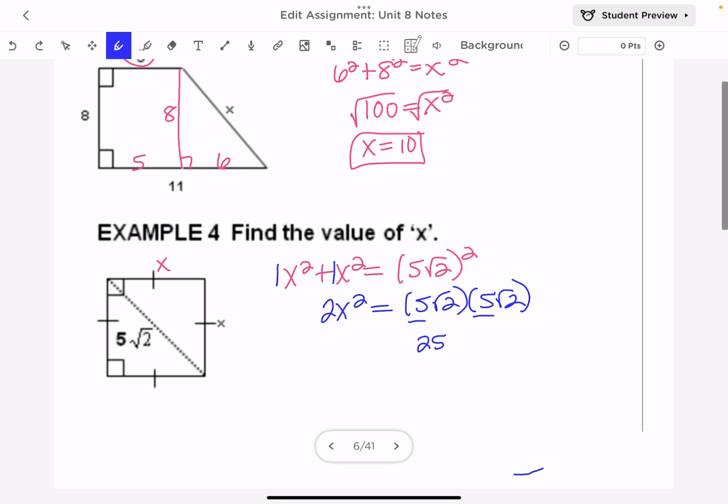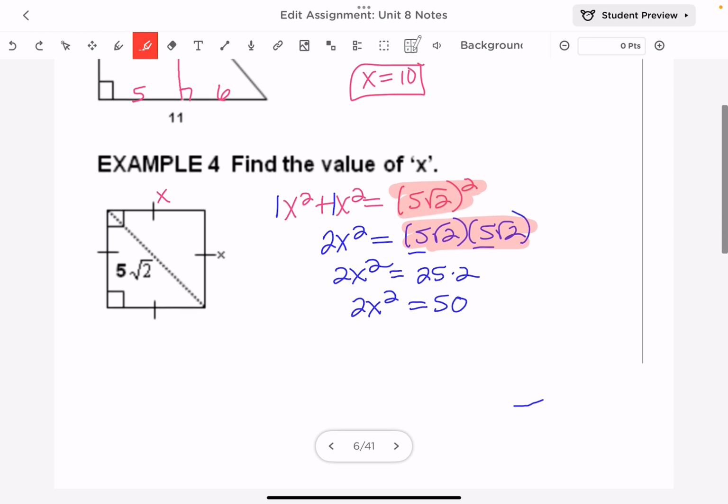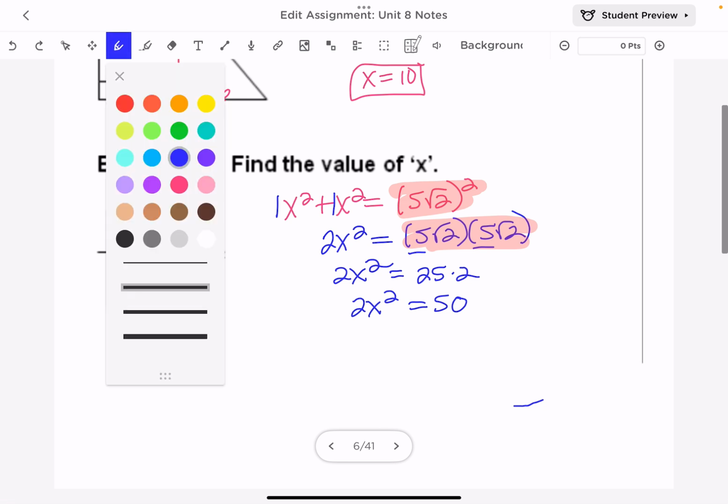So square root of 2 times square root of 2 is 2. Okay, so what I have right now is 2x squared equals 50. If you type that in the calculator, that 5 root 2 times 5 root 2, or you type it how it was given to you at the beginning with the parentheses, it'll tell you it's 50.